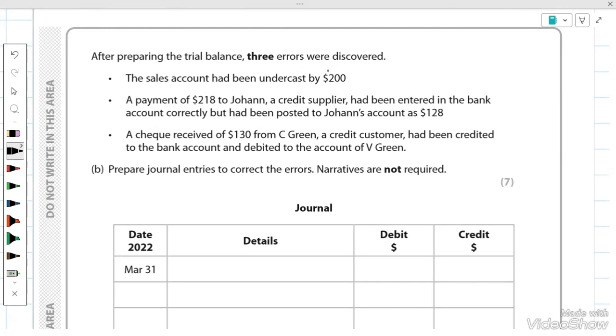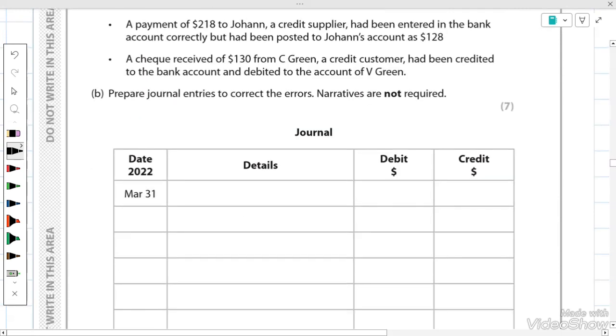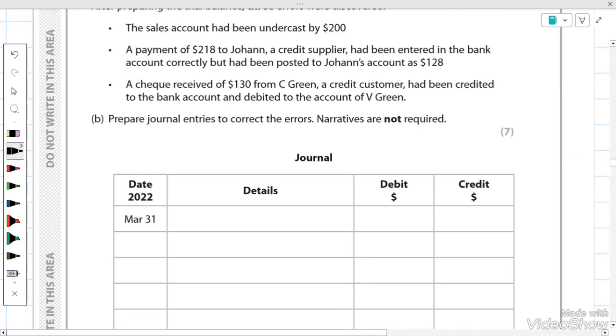Okay. So the sales account had been undercast by 200. Sales account is supposed to be credit. But if we undercast, it means that we did not record this $200 in the sales account.